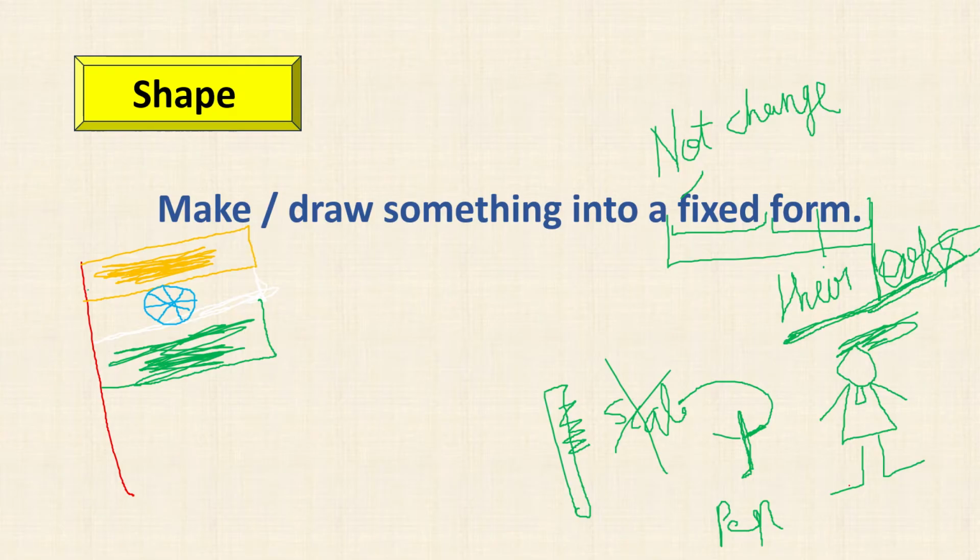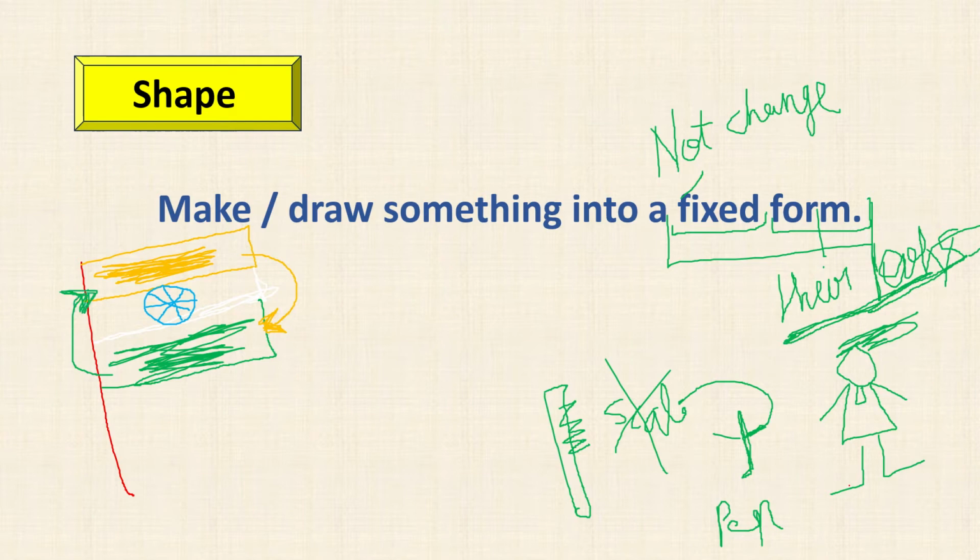From here, just remember, children, we can't put the saffron color in the last section. We can't fill it in the last section, and the green color we never put on the upper side.